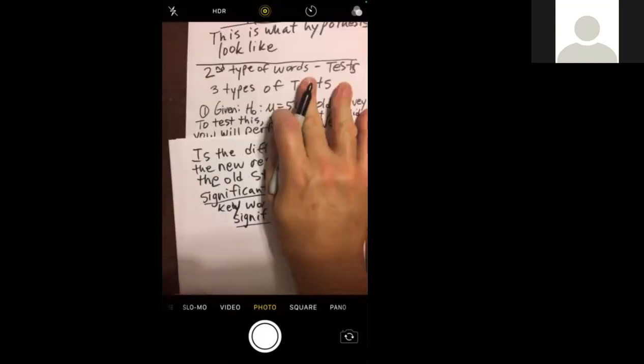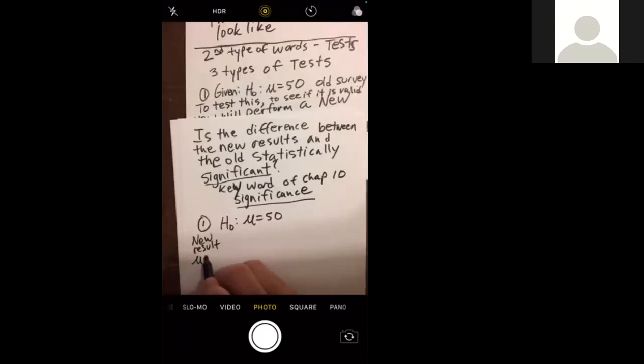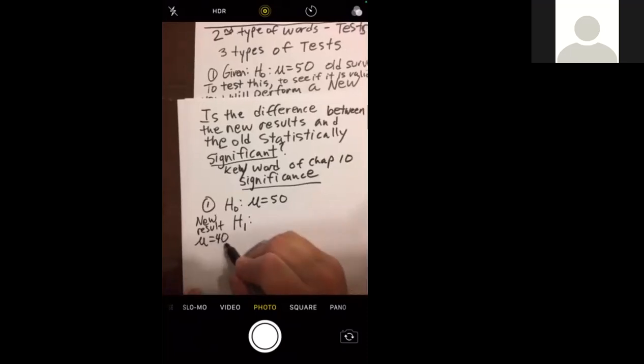Okay, back to my null hypothesis, mean equals 50. I test this, my new result is mean equal 40. So when I go to write my alternative hypothesis, I don't use the 40, but I read that this is less than 50, and that's how I write my alternative, mean is less than 50.